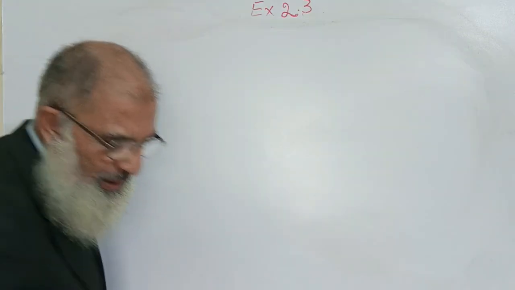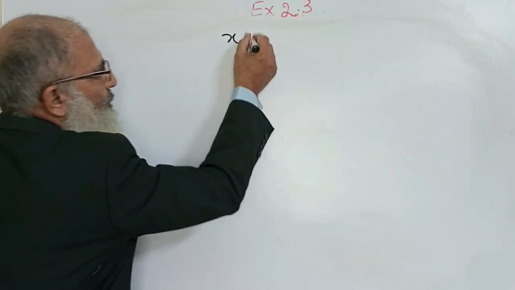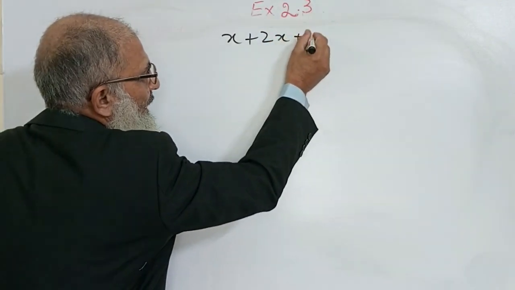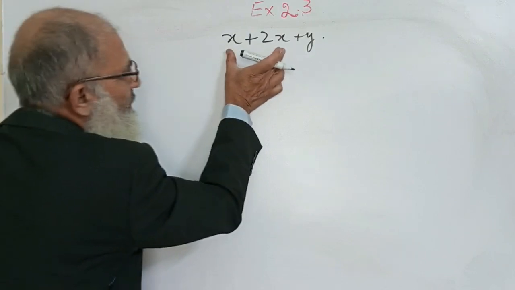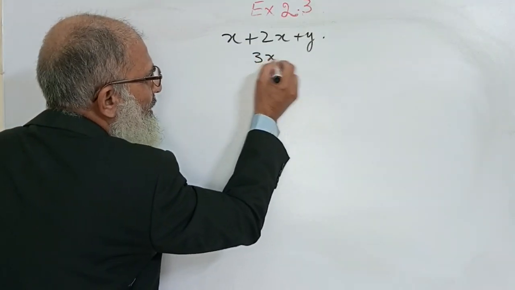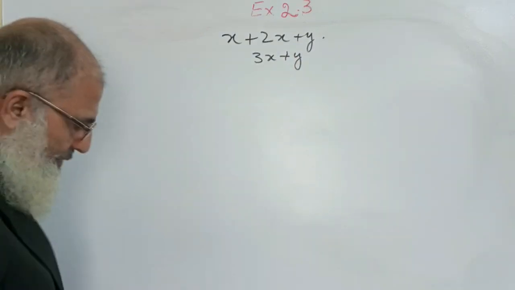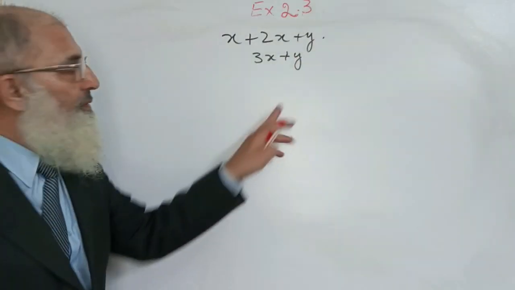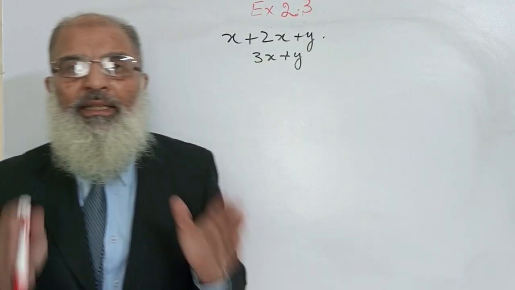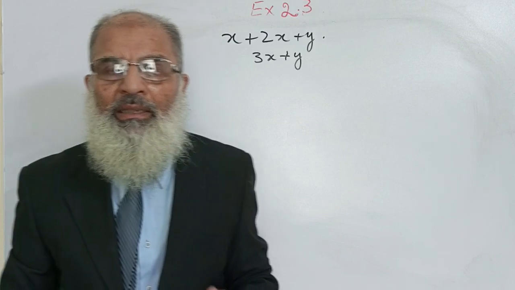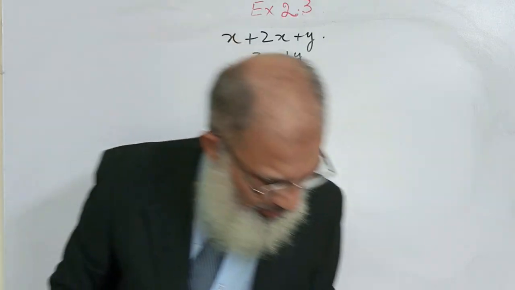For example, if x plus 2x plus y is given to us, we'll add the like terms, but we'll write the y as it is. So it is understood that like terms are added and subtracted, unlike terms are neither added nor subtracted.